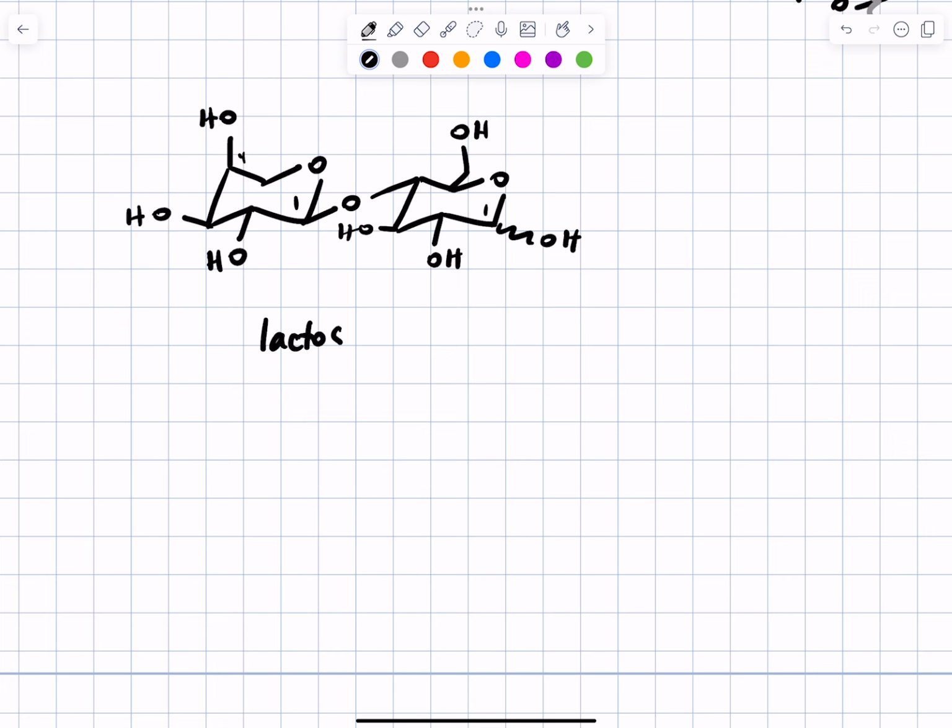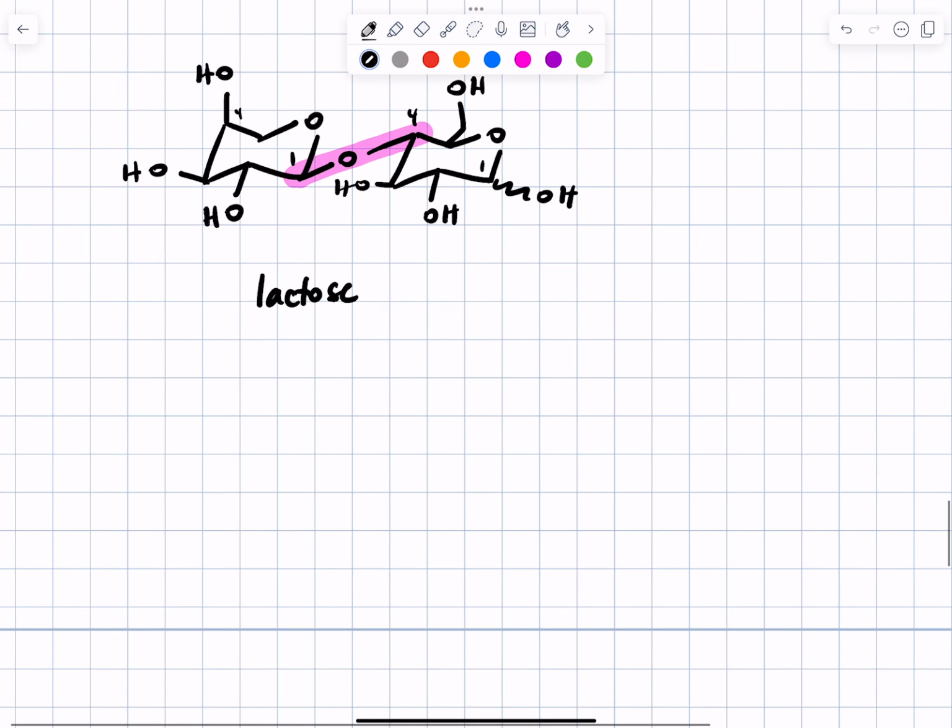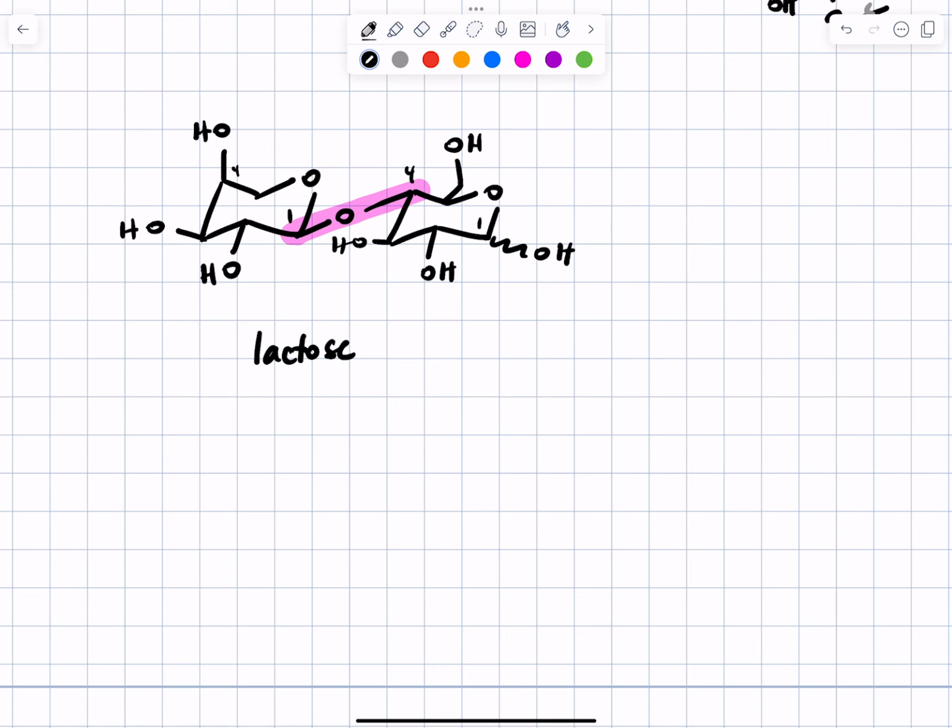This is called lactose. Tell me, what is the nature of this glycosidic linkage? How would you describe it? It's 1,4 for sure. Is it alpha or is it beta? Beta. So lactose has galactose, and then a beta 1,4 linkage, and then glucose. This is sometimes how people abbreviate carbohydrates. They'll use a 3-letter abbreviation for galactose versus glucose, and then they'll put the beta 1,4 linkage there.